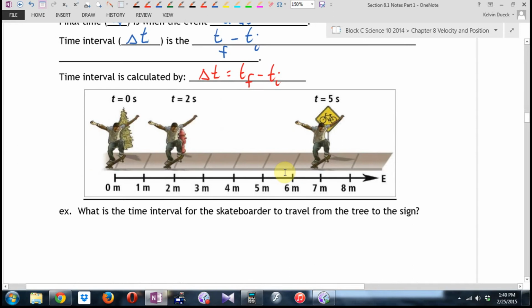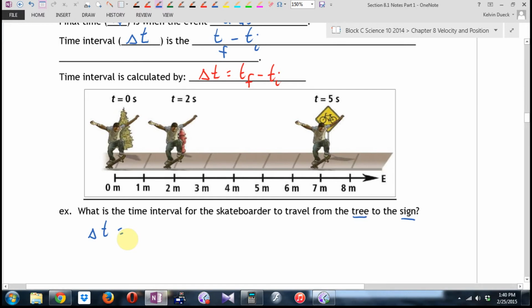Let's do a couple of examples. From a picture, what's the time interval for the skateboarder to travel from the tree to the sign? What would delta t be? I put the distances on the bottom, but the times are along the top. Keep it obvious.